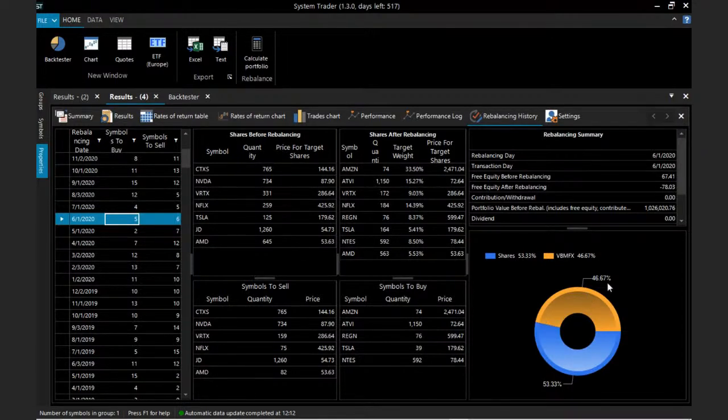So we had partially bonds in our portfolio, and that's the nature of that strategy. Depending on how you configure it, you don't have to always have 100% in stocks. You may sometimes also have some cash or bonds if there are not enough stocks in an uptrend.